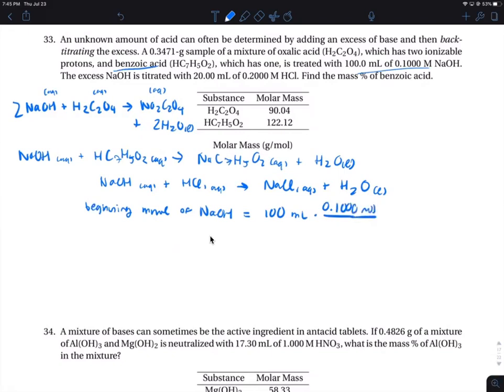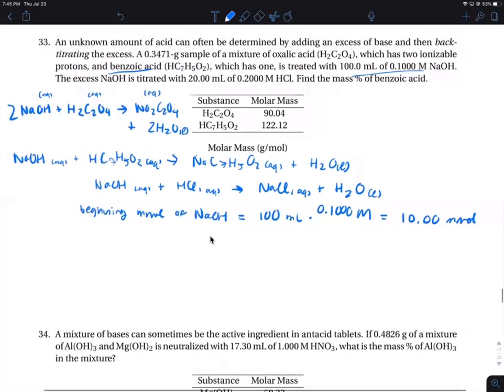If we just multiply by molar, it's going to give us 10 millimoles.